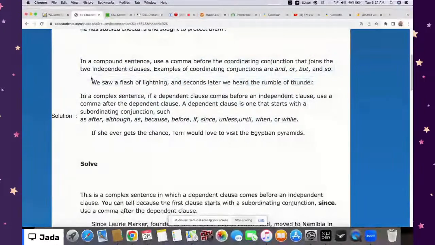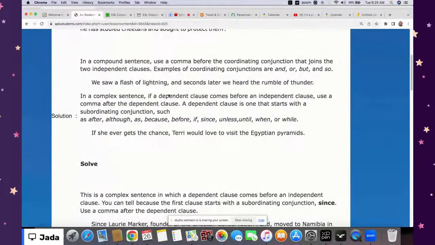Independent clauses can stand and make a complete sentence. So once the dependent clause comes before an independent clause, use a comma after the dependent clause. The dependent clause is the one that does not make sense on its own and needs support.